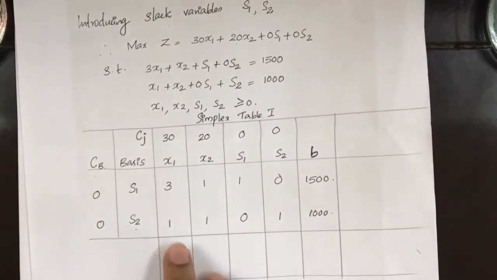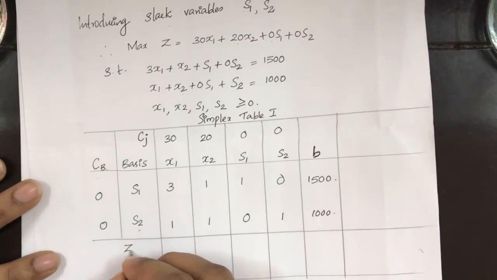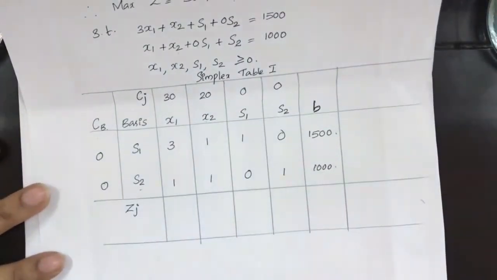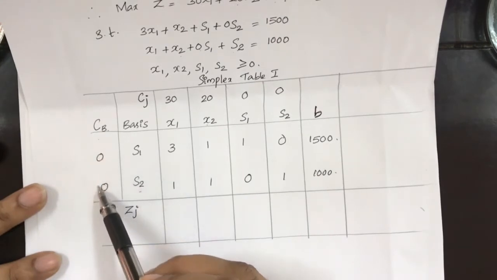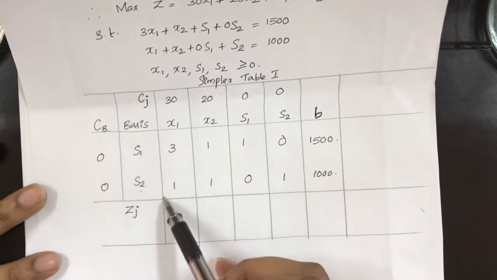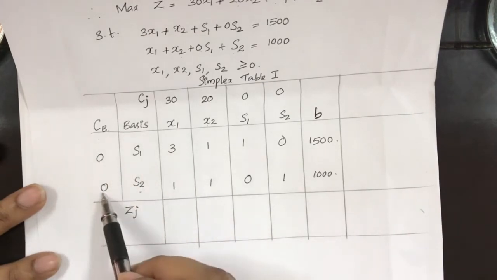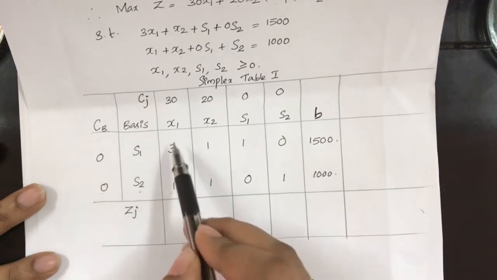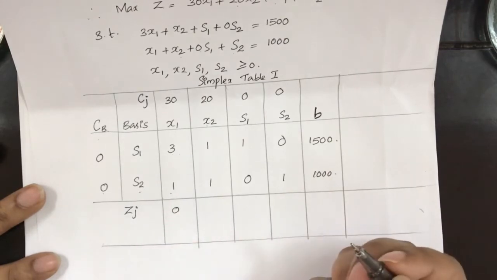Now we need to find a set of values known as Zj values. Zj is obtained by multiplying this column vector with each column. That is 0 into 3 plus 0 into 1, that is 0 plus 0, 0.